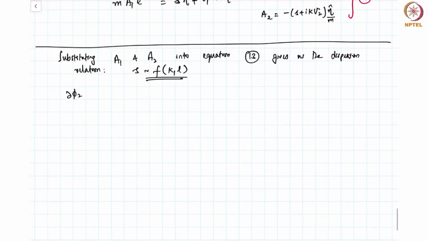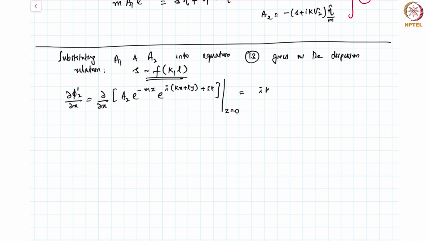Del phi 2 by del x now essentially becomes del by del x. This is a prime, sorry. This now becomes A2 e power minus mz times e power i(kx plus ly plus st). And remember, this has to be evaluated at z equal to 0. This simply becomes ik A2, because it's a derivative with respect to x.